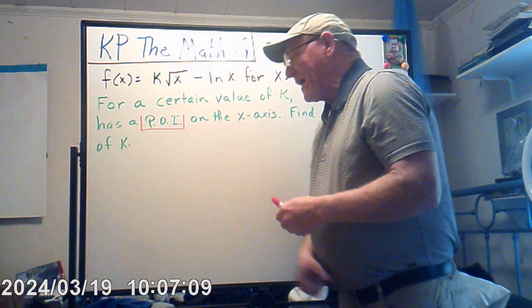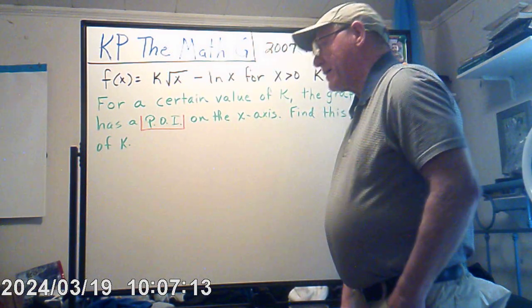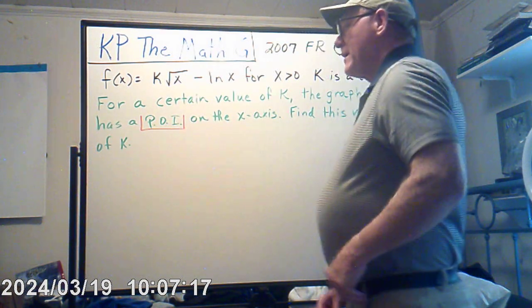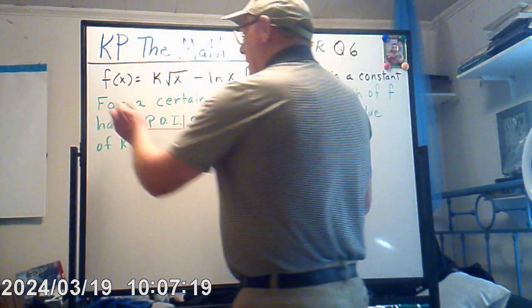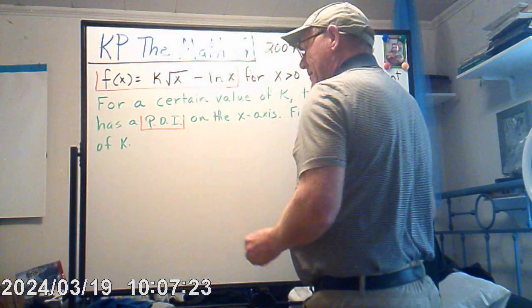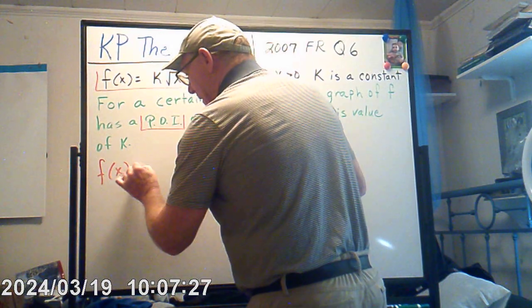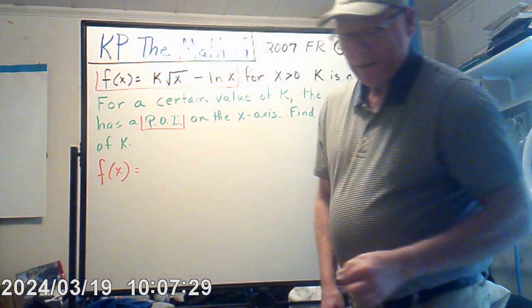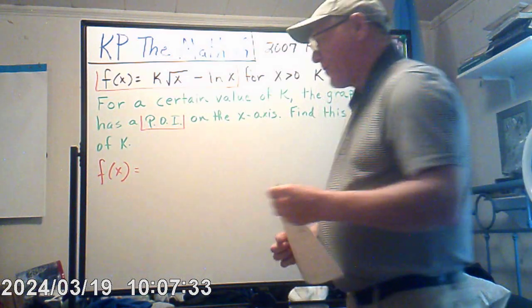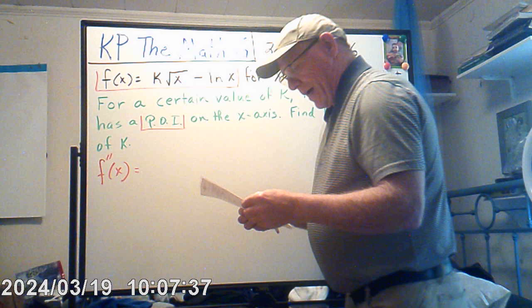And point of inflection. If there is a point of inflection, then it does say that it has a point of inflection. So here's f right here. We need that. We also need to know f double prime of x. And I have found that.